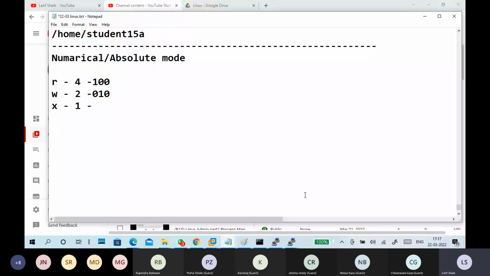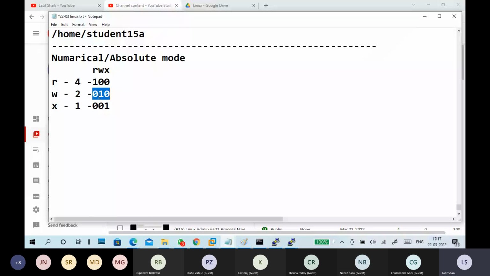If you see rwx, in this one read is 1, write is 0, execute is 0.